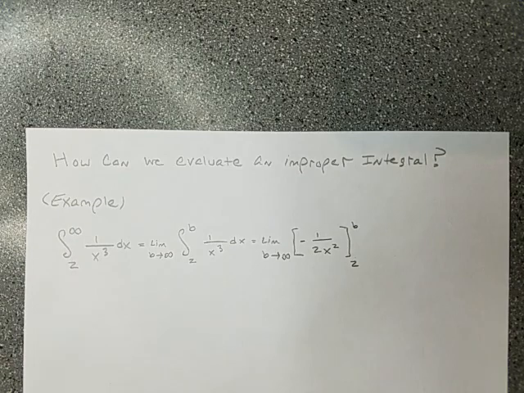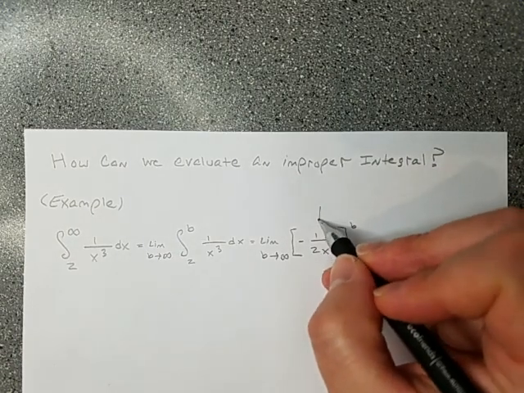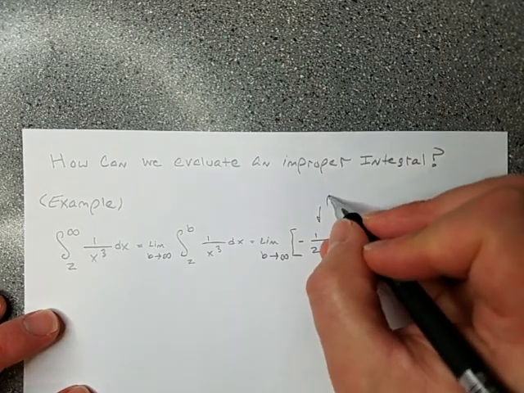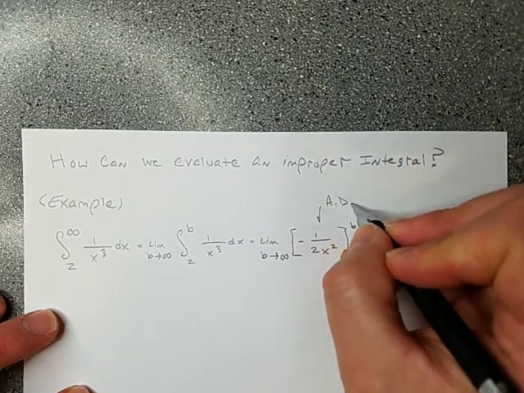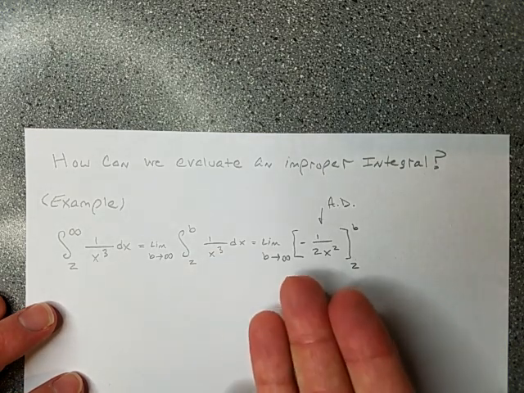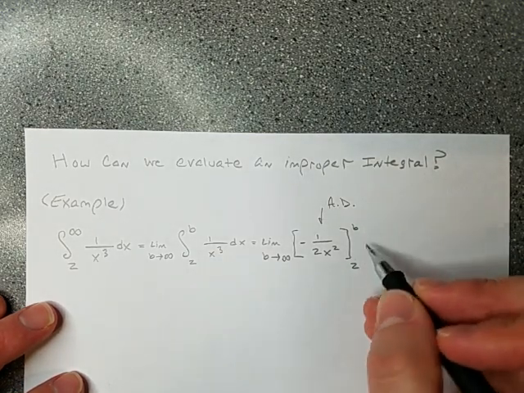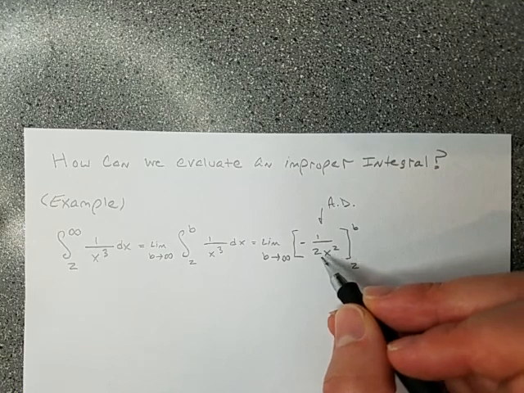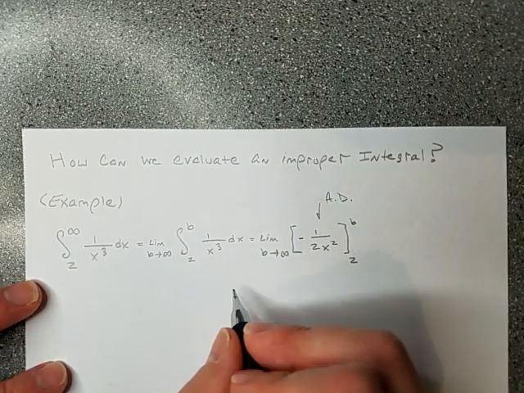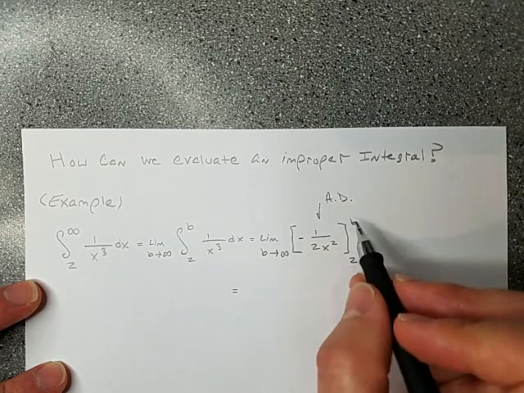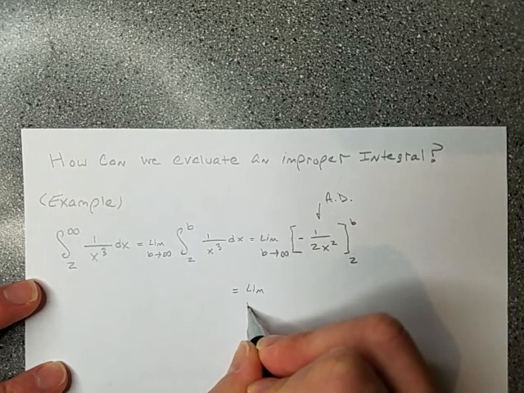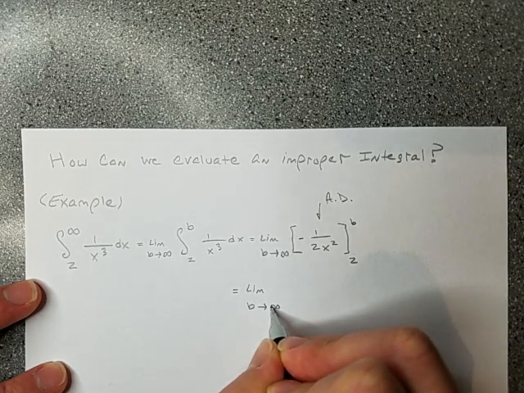Okay? All right. So besides the limit being involved in this, it's like evaluating any other definite integral. We use the fundamental theorem of calculus with the limits of integration and the antiderivative, but there's that limit involved in it. Okay? All right. So once we get this far with the fundamental theorem of calculus, what do we do? We put in the upper limit of integration.